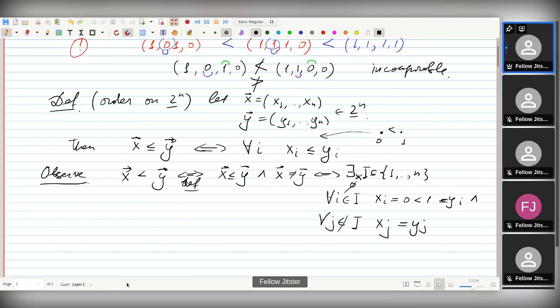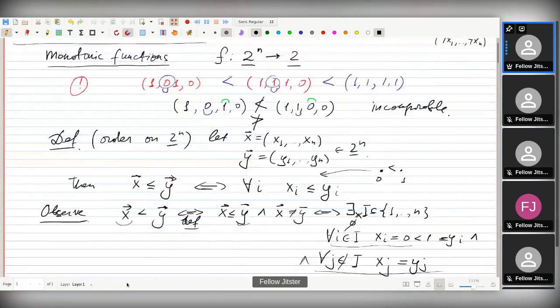So somewhere the first tuple has zeros, while the second one has ones, and at all the other positions their coordinates are equal.